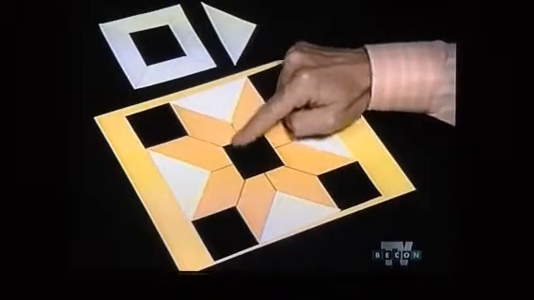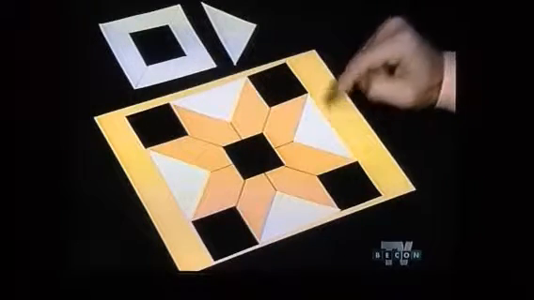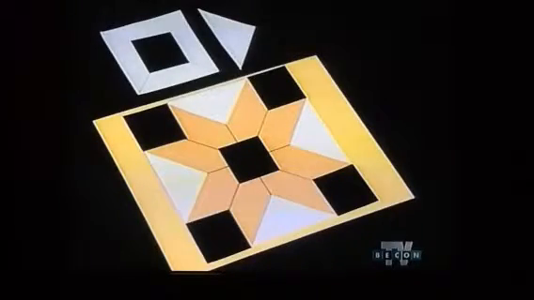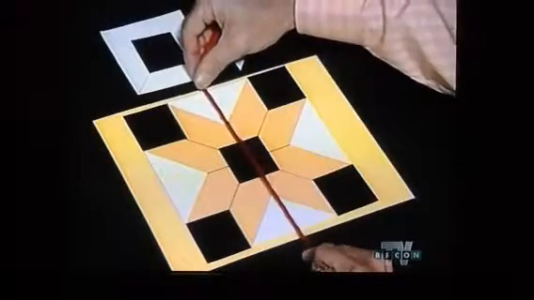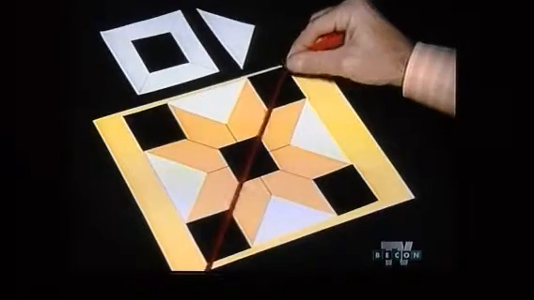Notice that each of the right angles of the triangles touches either the vertical or the horizontal lines of symmetry. This completes this pattern. Now let's find the lines of symmetry in this pattern. We have 4 lines of symmetry. Here's the vertical, the horizontal, and the two diagonal lines of symmetry.